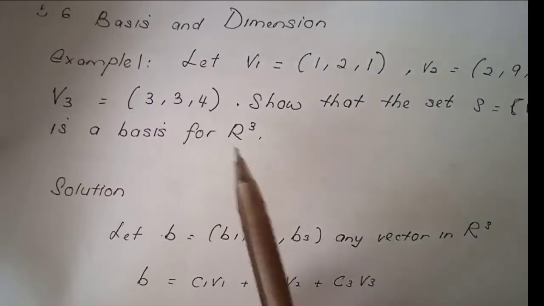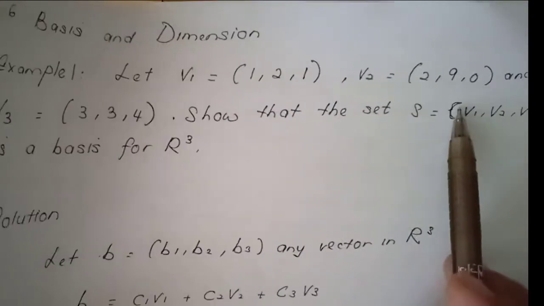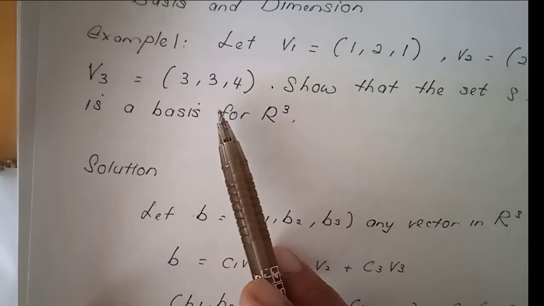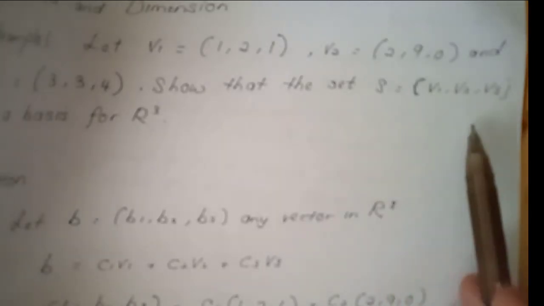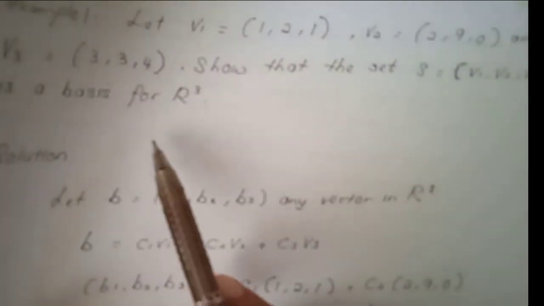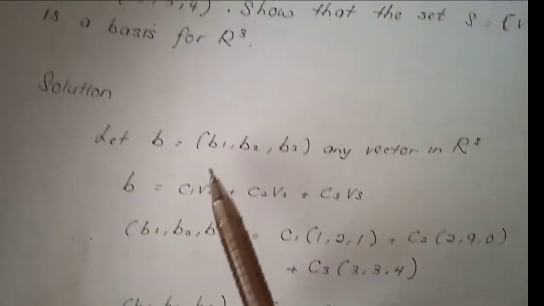Example, let v1, v2 and v3 be these vectors. Now show that the set S of v1, v2 and v3 is a basis for R3. Okay, solution.